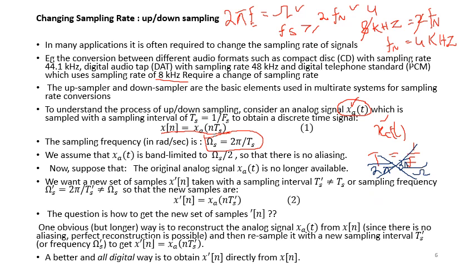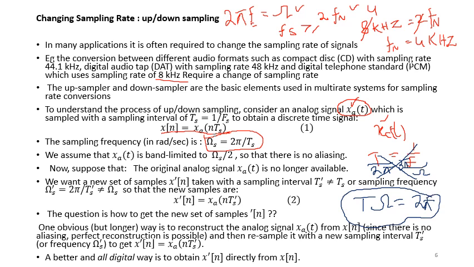So if we cross multiply, T into omega equals 2 pi, right? So that's the equation. Given one, you can find the other one. So that's the relationship.